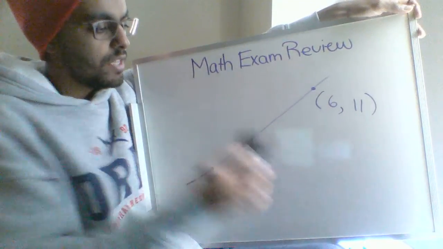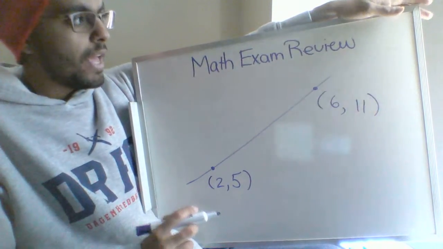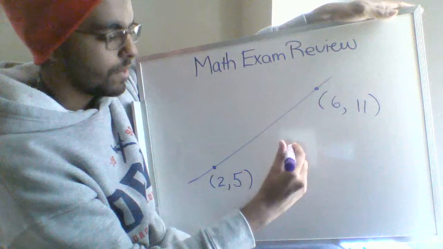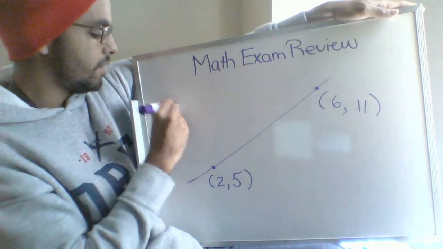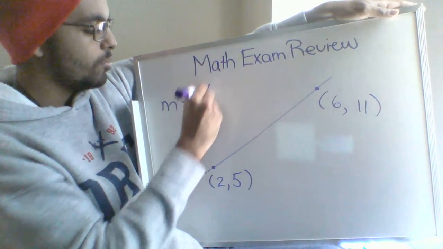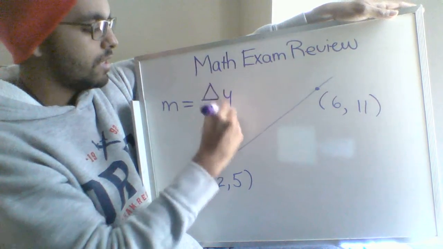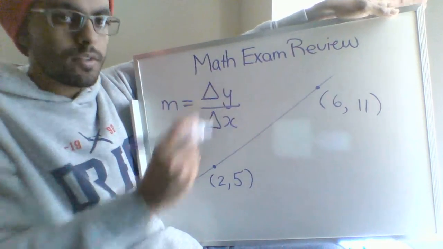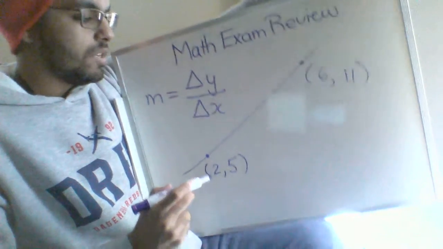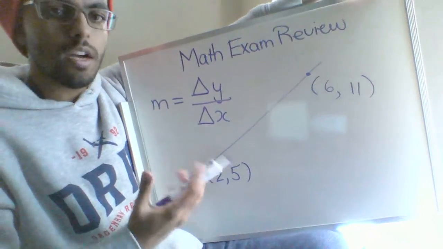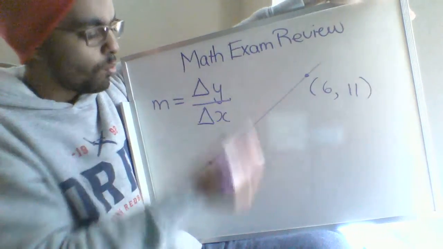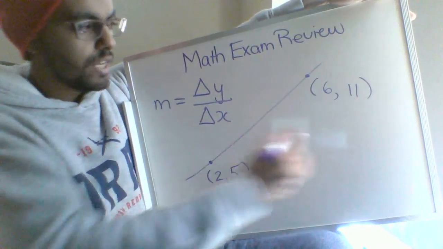So you have these 2 points, and the slope of the line, I'll just write out the equation and then we'll break it down. So the slope of a line is delta y over delta x. So if you remember, the delta sign means a change in, a difference in. Alright, so it's a change in y divided by a change in x.